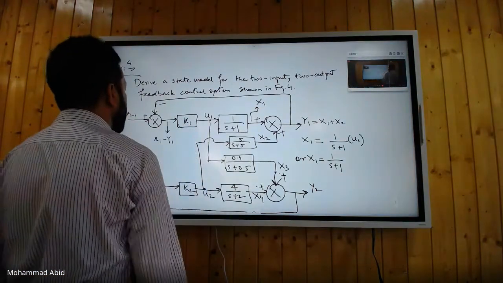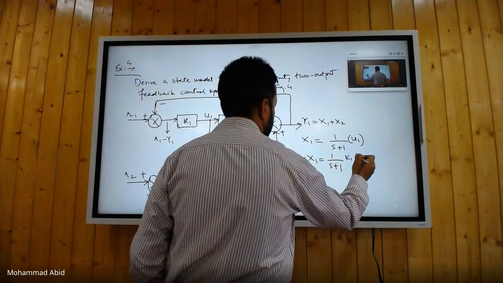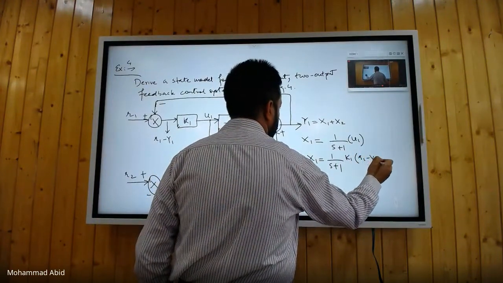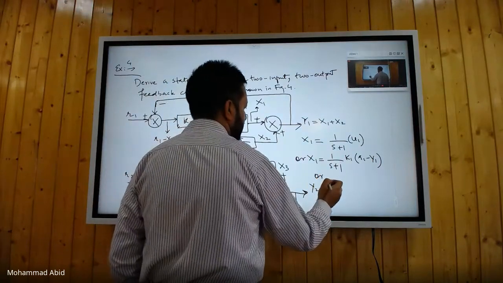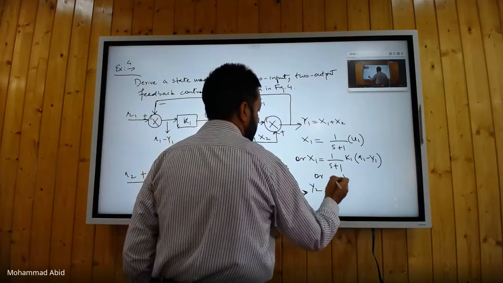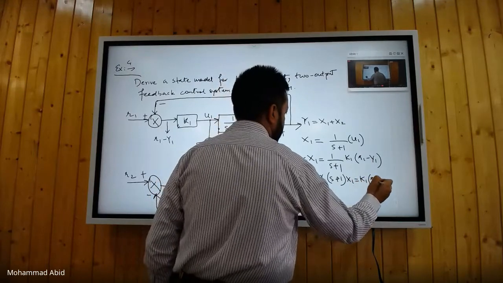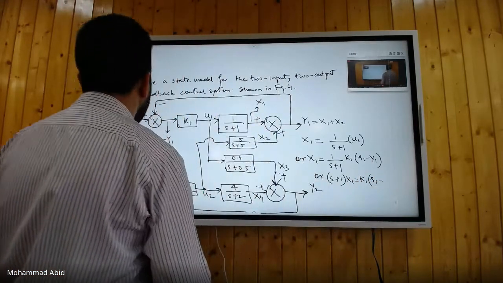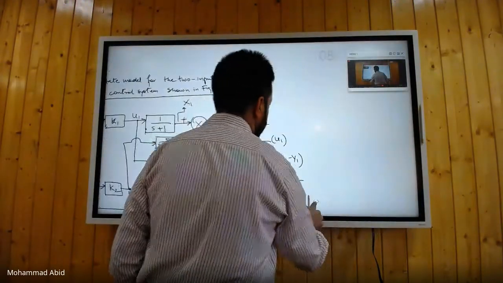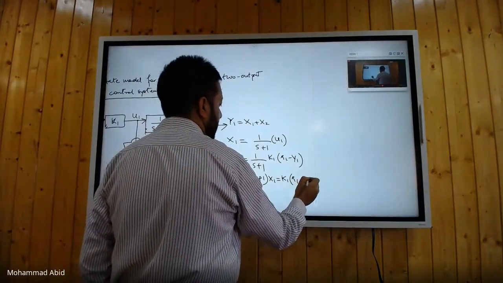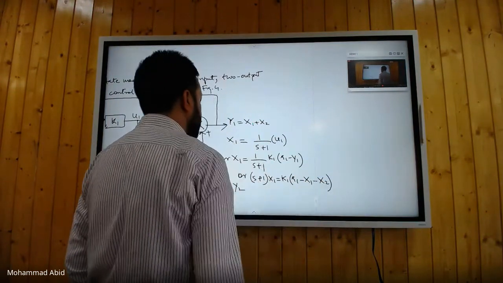It's K1 into R1 minus Y1. ठीक है? Or I can write S plus 1 into X1 is equal to K1 into R1 minus. What is Y1 equal to? Y1 is equal to X1 plus X2. So this will be minus X1 minus X2. Are you following me?